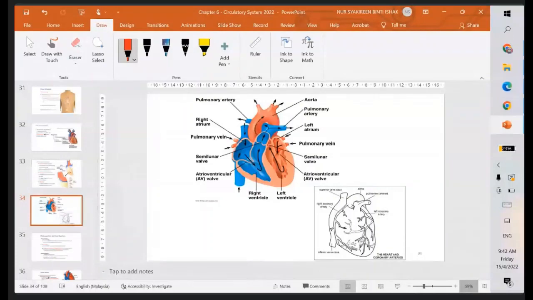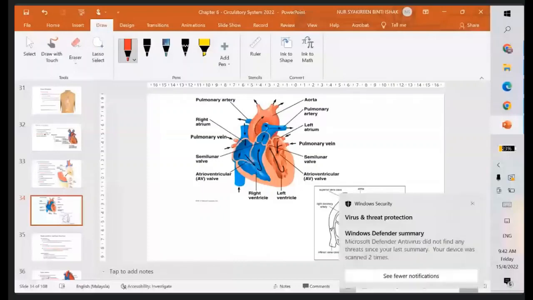Dekat left atrium, madam. Left atrium? Kenapa tak kena contract daripada left atrium? Apex is not the base of the heart. This is the apex of the heart. Ujung jantung ni. Sekejap, dia tak keluar. Tu nampak? Apex of the heart.